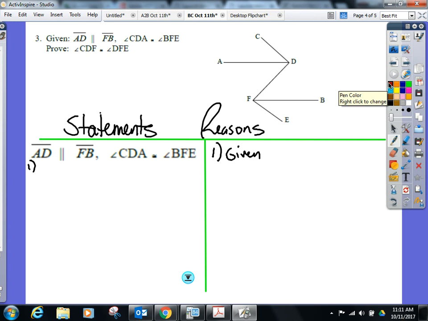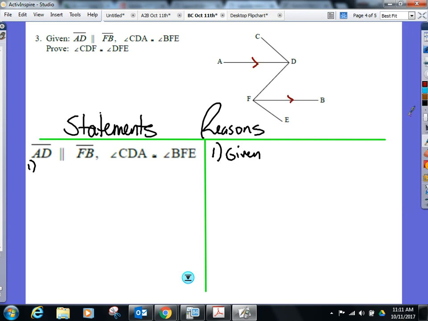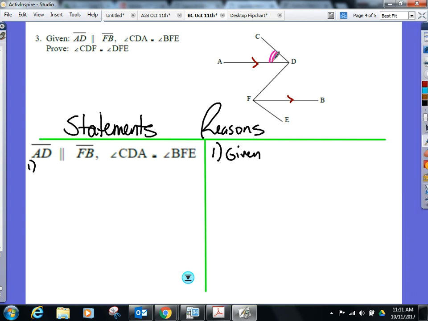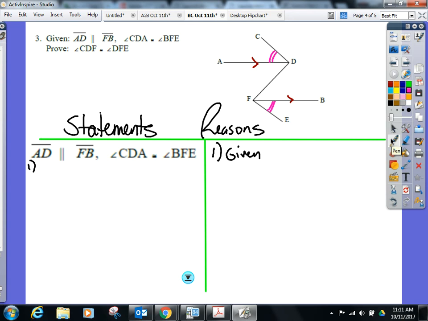I'm hoping we're at the point now we can mark angles correctly. And while you're waiting, look at the prove statement. Make sure you can recognize the angles we need to prove congruent right now.